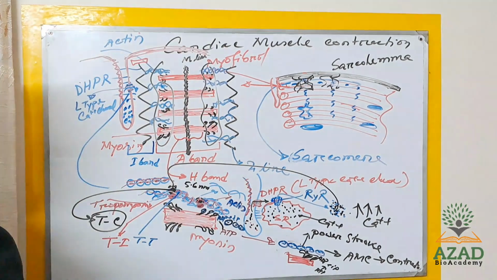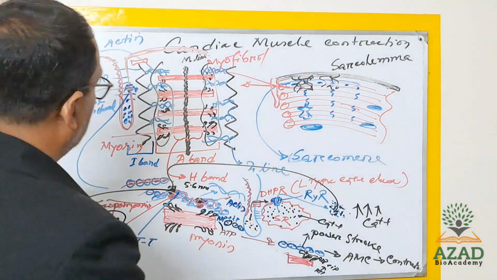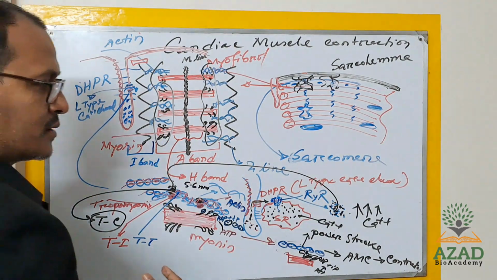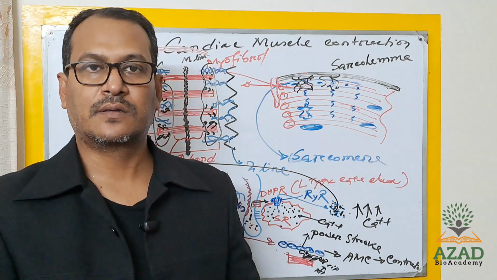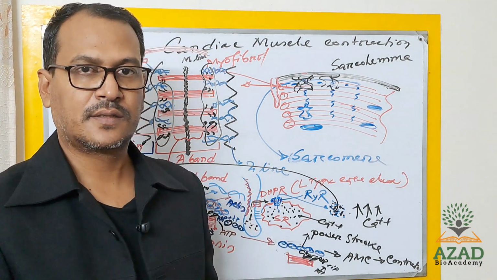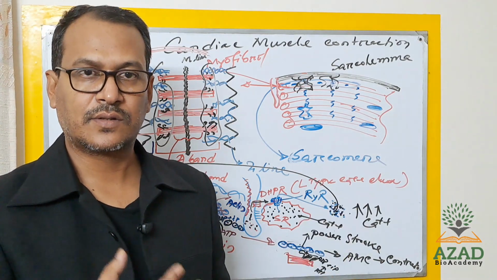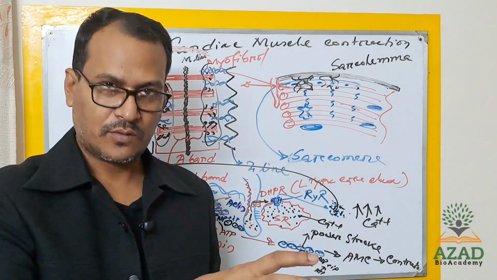Another thing is that this happens completely by the help of action potential. But your heart works with your body's demand. Suppose you are afraid, you are in a hurry, or you are exercising, so your heart should work more and more. That means heart rate will increase.